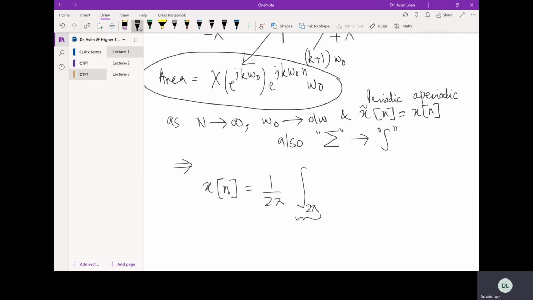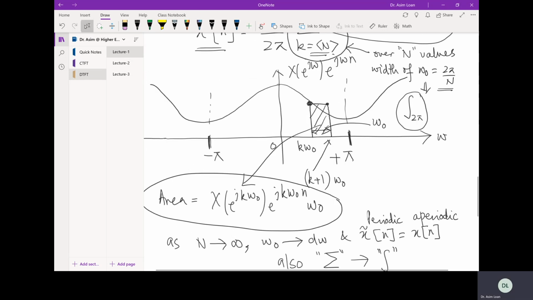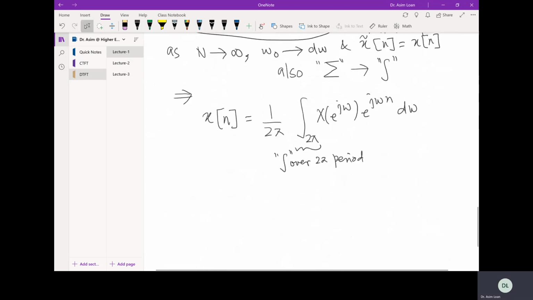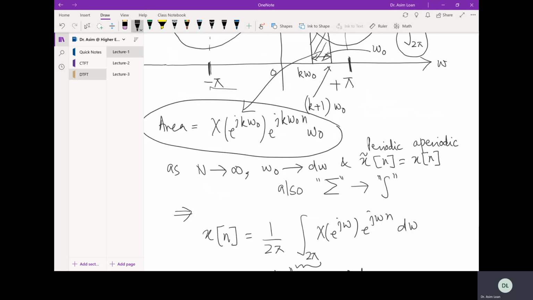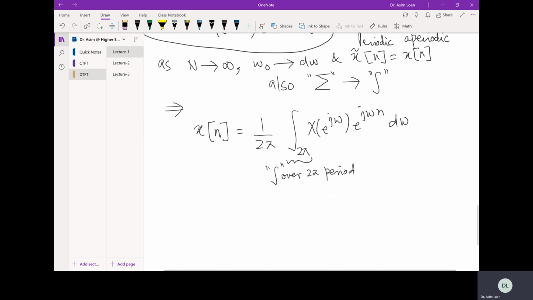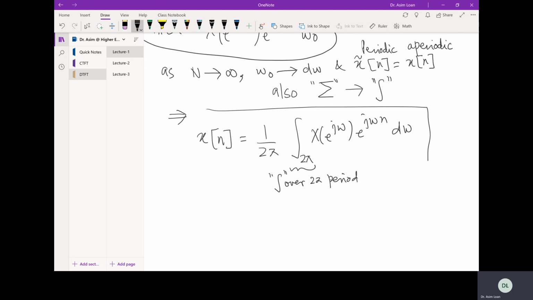So x of n is 1 over 2 pi times the integral over a 2 pi period of X of e^(j omega) e^(j omega n) d omega, okay, good. This, by the way, is called the inverse Fourier transform, and this is the synthesis equation.